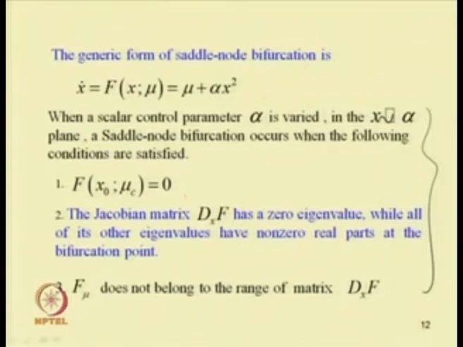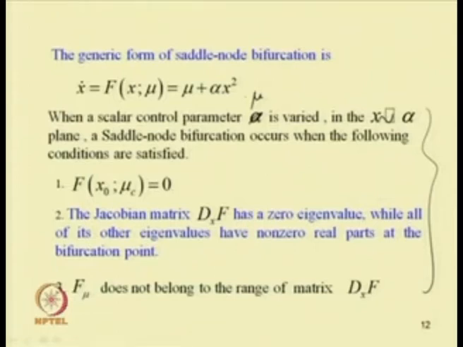Let the control parameter be mu; one can take alpha also as the control parameter. If one takes mu as the control parameter, then f of x 0 mu should become 0. That means x dot becomes 0 at that point.